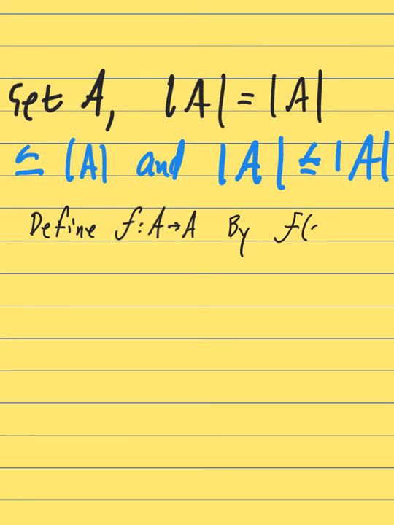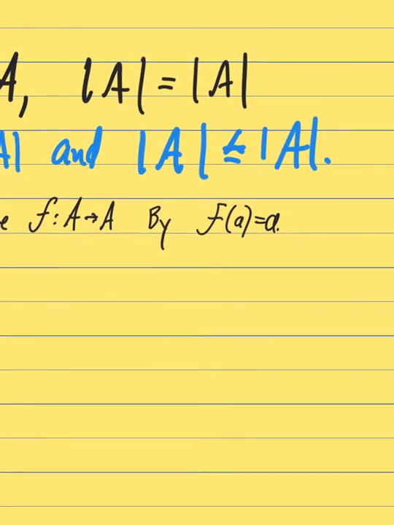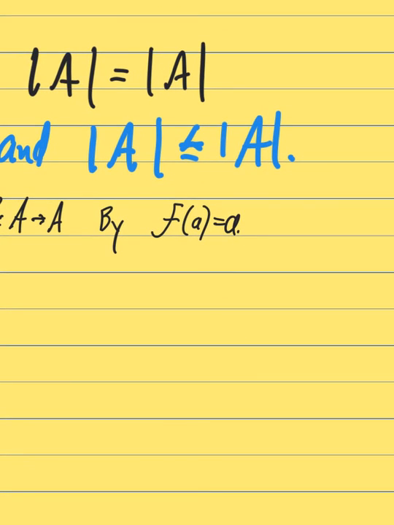Let's define it by the rule sending f of a to itself. If I don't know anything about the set, I can't write down a complicated formula. I can't square or add one or any stuff like that. I don't know if A knows what it means to add one. All right, well, I need this function to be one-to-one. Want to show f is 1 to 1.